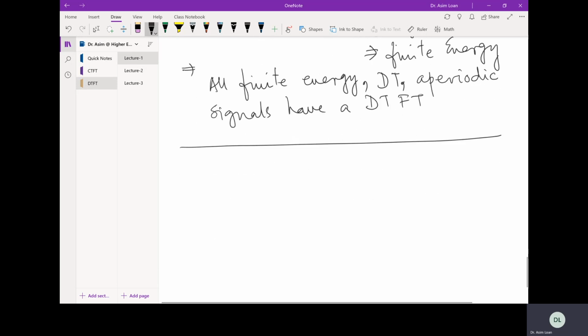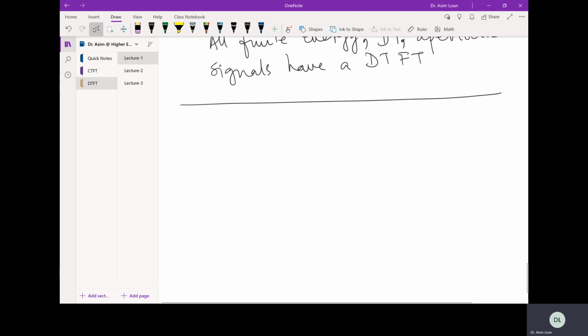Let's do some examples: find the Fourier transform of discrete time aperiodic signals. The first one, just like for the continuous time case, is x of n equals a^n u of n, where u of n is the same unit step, and we assume the magnitude of a is less than 1.